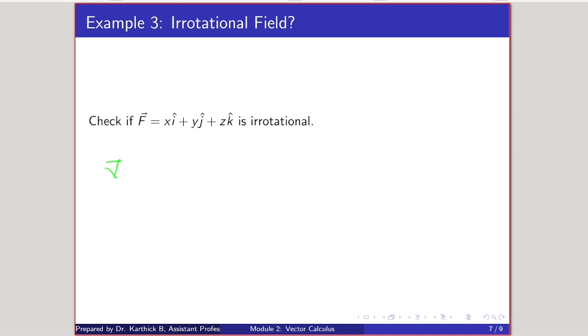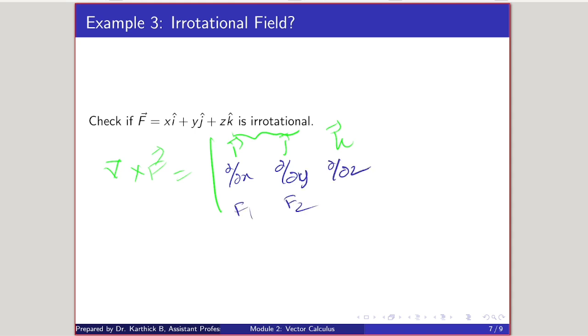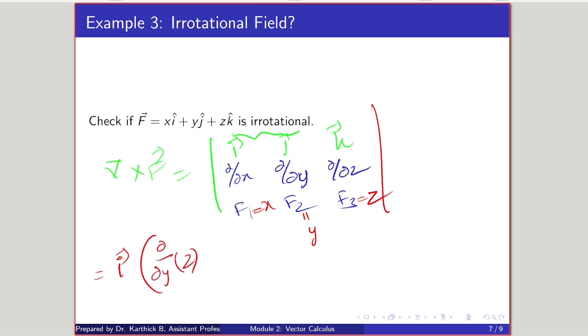What we want to check here is whether it is irrotational, that means the curl. So the matrix is i, j, k on the first row, on the next line dou by dou x, dou by dou y, dou by dou z, and then f1, f2, f3. Here f1 will be x, f2 will be y, f3 will be z. How do you find the determinant? For the i vector, I will leave this column and row. Then the remaining is dou by dou y of z minus dou by dou z of y, minus j vector.